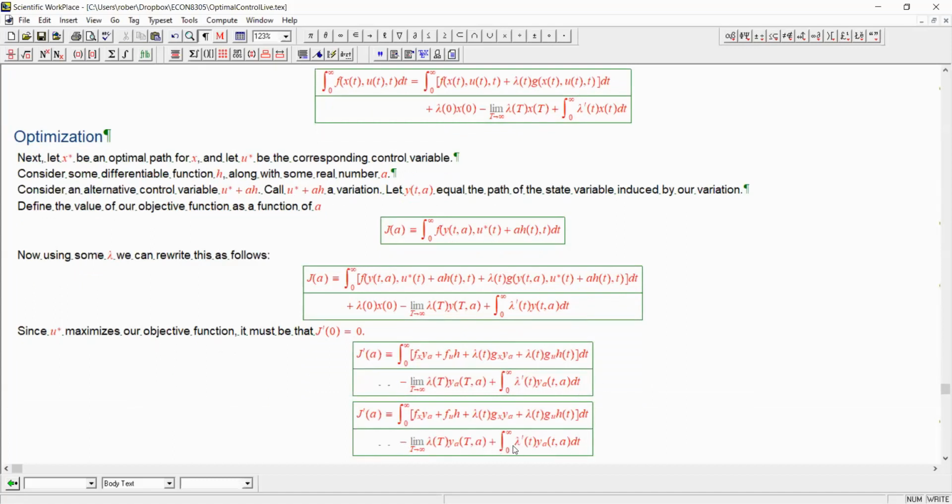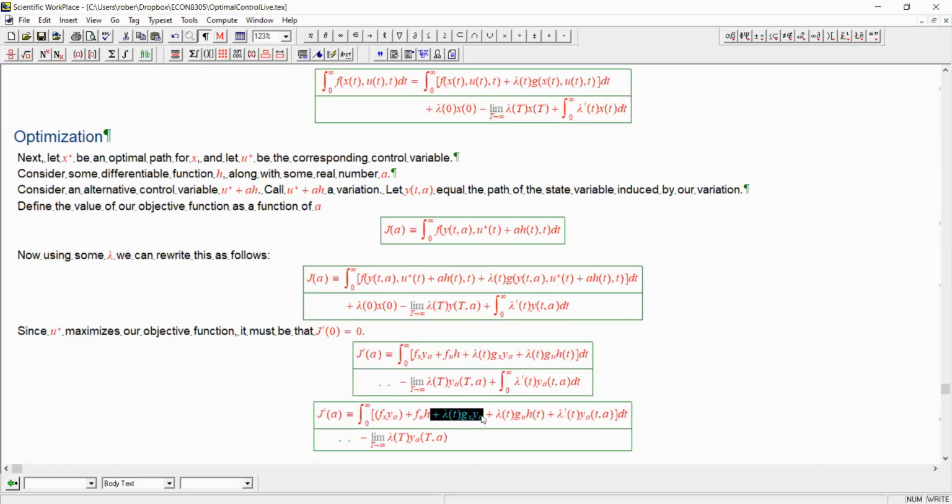We can put this back inside the integral, and first collect all the terms that have a y sub a in front of them. So here this has a y sub a.